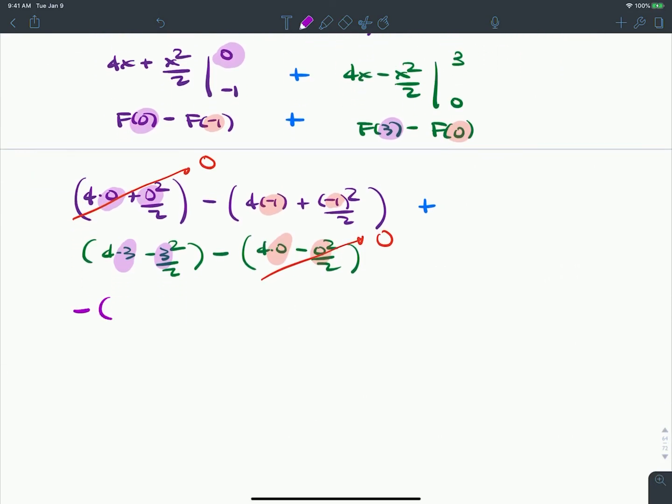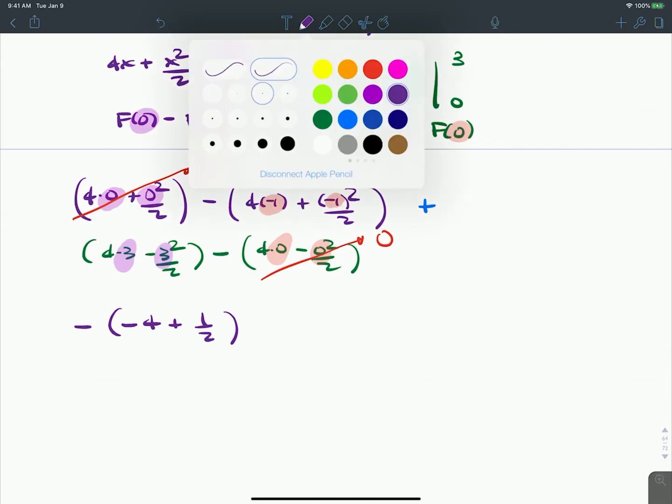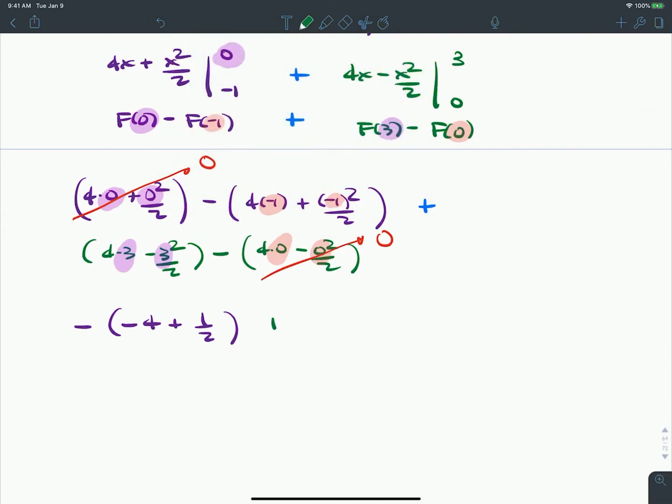We got minus negative 4 plus 1/2. And then in green here, plus 12 minus 9/2.